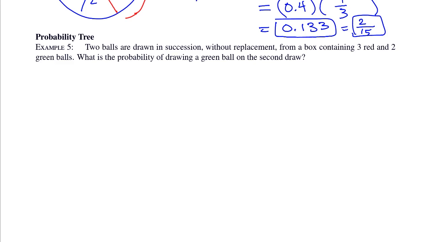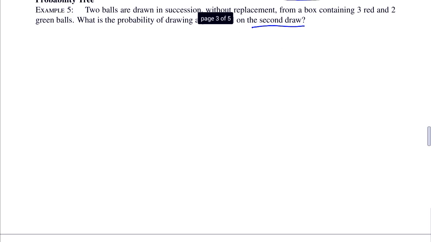Example 5. 2 balls are drawn in succession without replacement from a box containing 3 red and 2 green balls. What is the probability of drawing a green ball on the second draw? All right. So the tree looks like this.